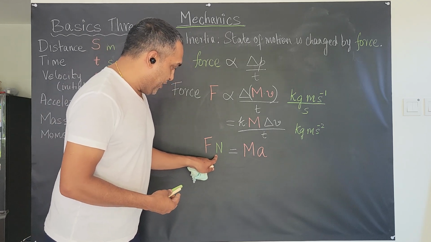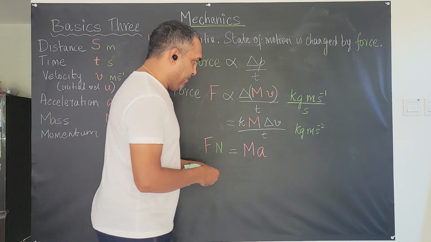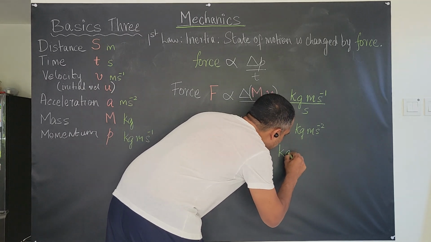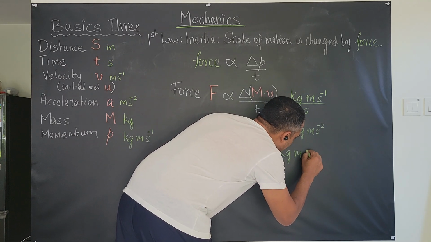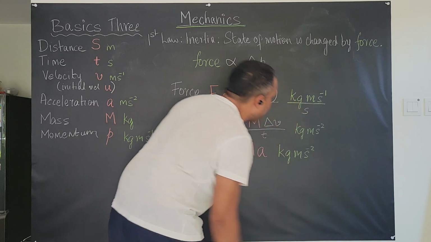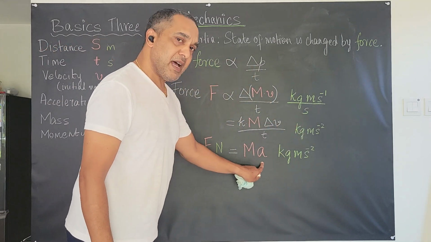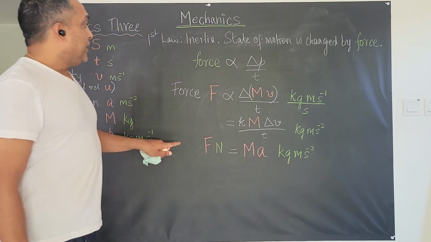And by the definition of 1 Newton, that would bring these back into kilogram meters per second square. Force in Newton equals mass times acceleration.